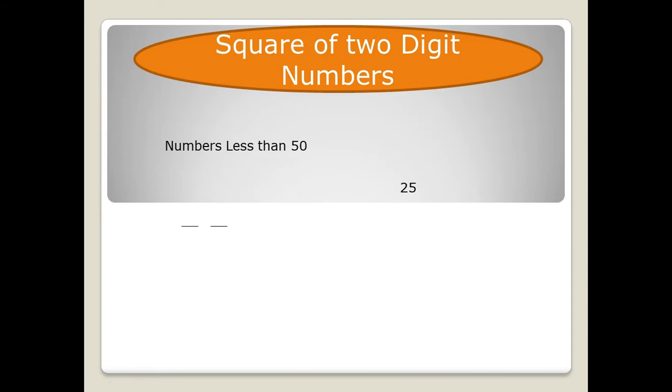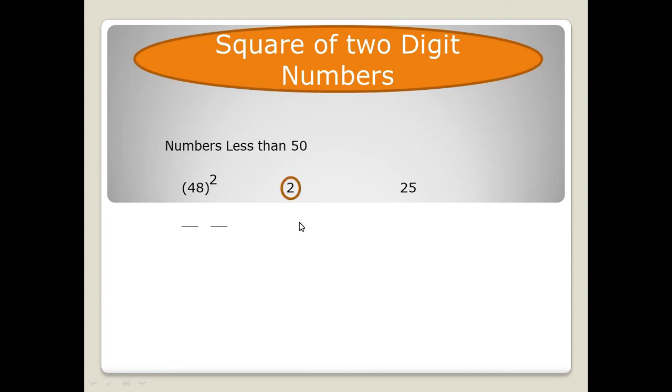Now comes the turn when your number is less than 50. The process will remain the same, but instead of adding something to this 25, we will subtract it. Let's see the example, 48. Square of 48: you know that 48 is 2 less than 50.